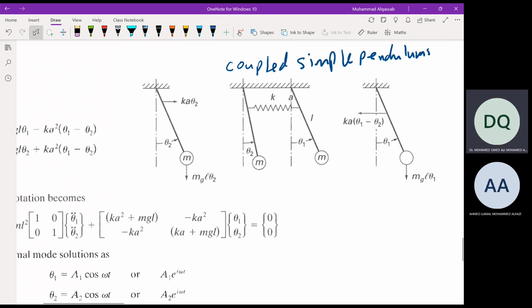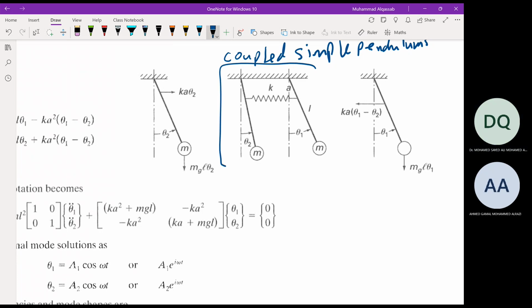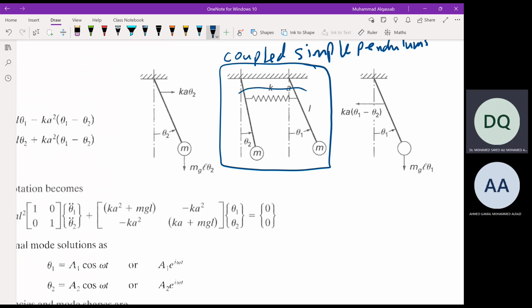This is the main problem here. If you take a pendulum alone, the two pendulums, if you remove the spring, those are simple pendulums.